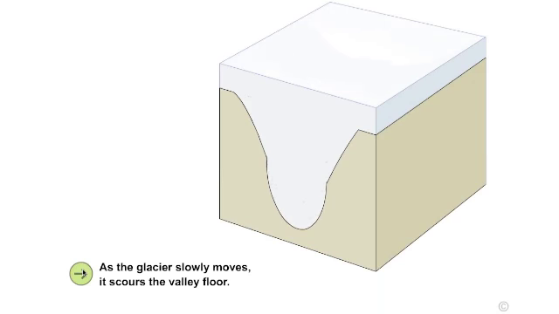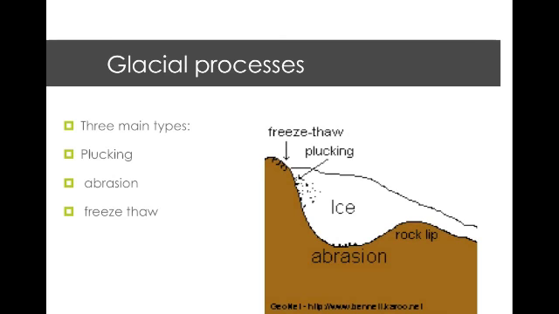Then you can see that the glacier slowly moves downwards and it scours the valley and shapes it as a U, and we get the U-shaped valley. So the demonstration shows that the U-shaped valley is formed by the movement of the glacier, but there are several different processes that affect the erosion.